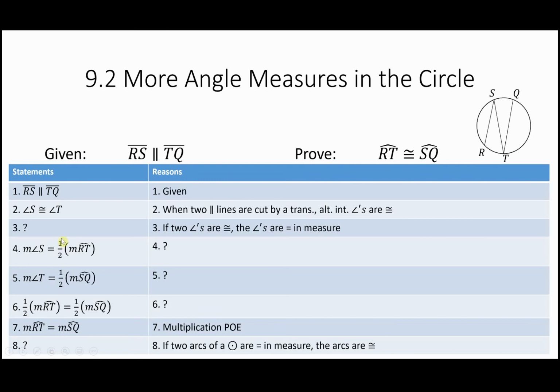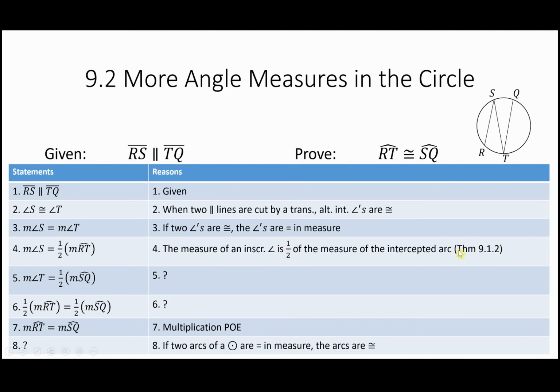Then you'll notice the third statement is blank, but it's justified by saying if two angles are congruent, then the angles are equal in measure. So I believe that this congruency statement in statement 2 will be made to be a measures equal statement for those same angles. Looking at statement 4, it says the measure of angle S is 1/2 the measure of arc RT. That was a theorem presented recently that says the measure of an inscribed angle is 1/2 of the measure of the intercepted arc.